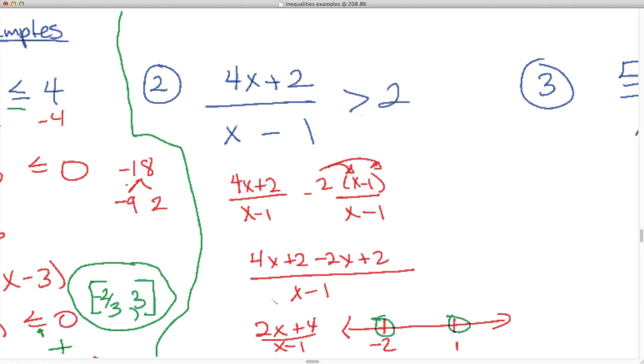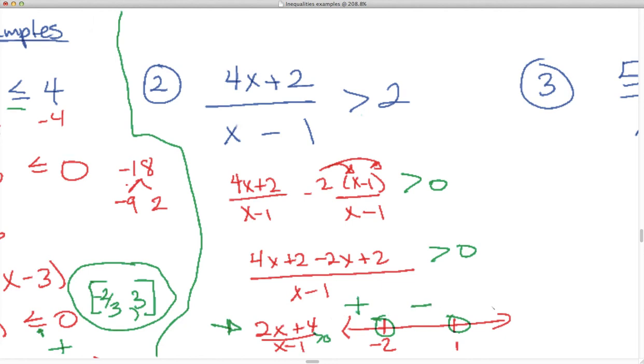Test to the left, plugging in negative 3 in this simplified version, right? The one that's actually greater than 0 now. I forgot to write that down. So here we have a negative 3, so negative 6 plus 4 is a negative number over negative 3 minus 1 is also negative. Two negatives make you a positive. Plug in a 0, you're going to get a negative.